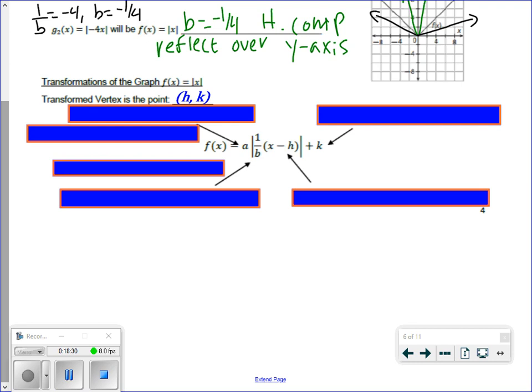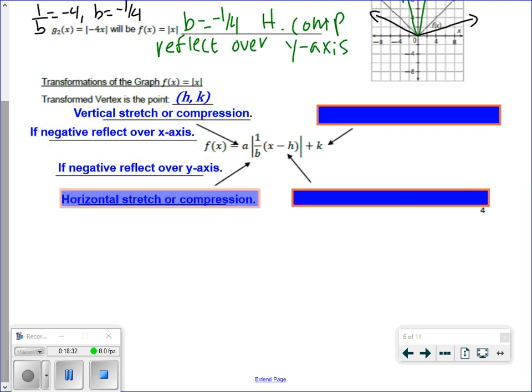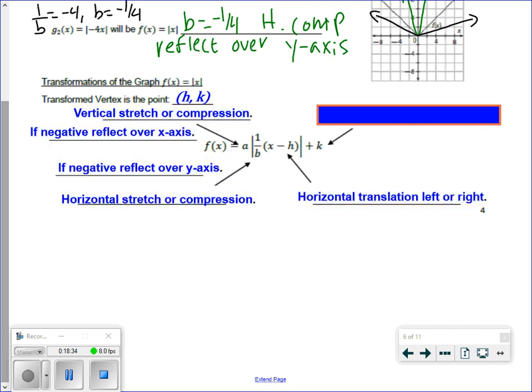We talked about that in the previous chapter. These transformations are exactly the same as the warm-up, exactly what you saw in the previous chapter. It's not going to change. The only thing we really did was add vertical lines for the absolute value instead of using the parentheses.